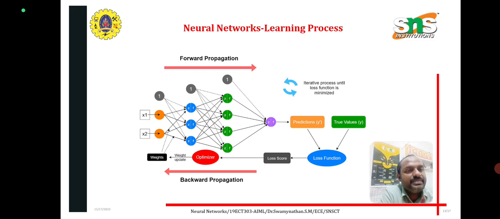Based on the comparison between the predictions and the true value, we find the loss function. If the loss score is an acceptable value, then it is okay. If it is not acceptable, it goes again to the input level, and we update the weights to find the best output. So this is the neural network learning process.